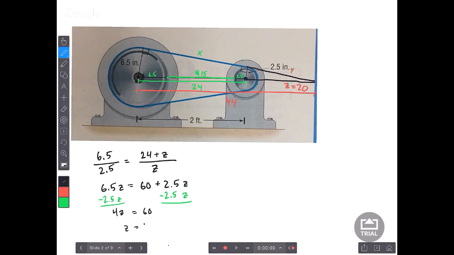Z should really be 15, which means I need to fix this over here. Z equal to 15. That's no good. And 24 and 15, 39. Is that all better? Thank you, Jasmine. Thank you, Michelle. Look at chat. Thank you, Oscar. 39. Got it.